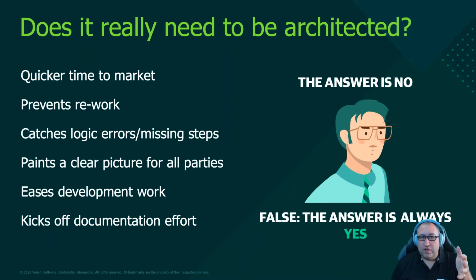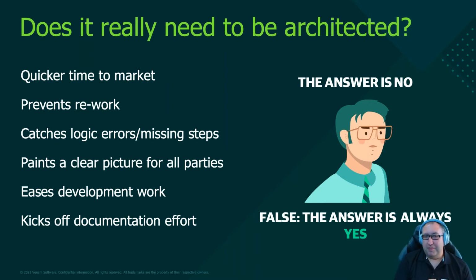And by doing this work up front, building this architecture, you're making it much easier down the road. The finished product is more likely to come out as what all parties had in mind from the beginning. You're going to prevent that rework. You're going to catch your issues early on so that you don't end up finding out those issues once your automation has reached production.